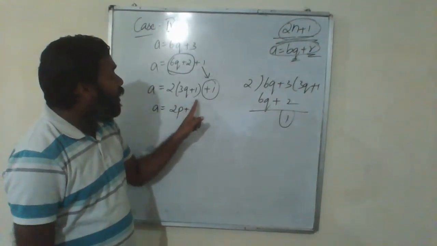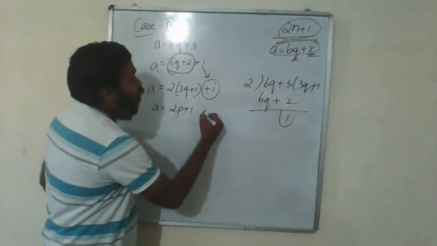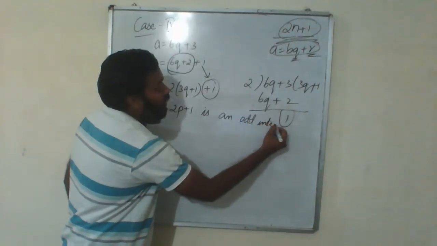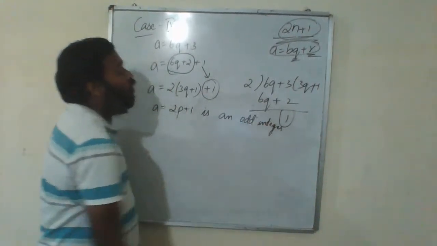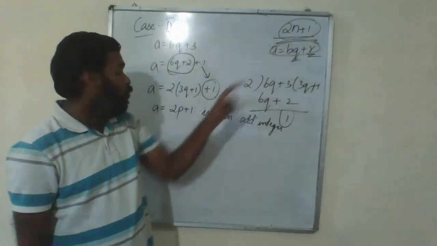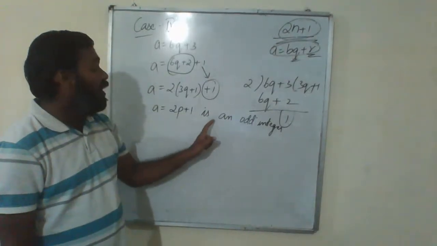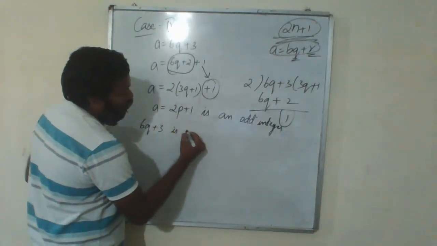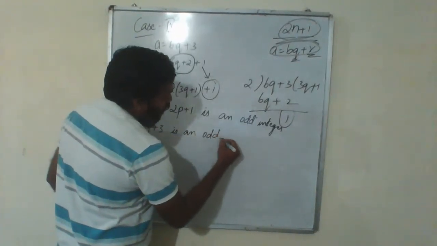So that is 2p plus 1, which is an odd integer. This is an odd integer because the general form of an odd number is 2n plus 1. So a is equal to 2p plus 1 is an odd integer. 6q plus 3 is an odd integer.